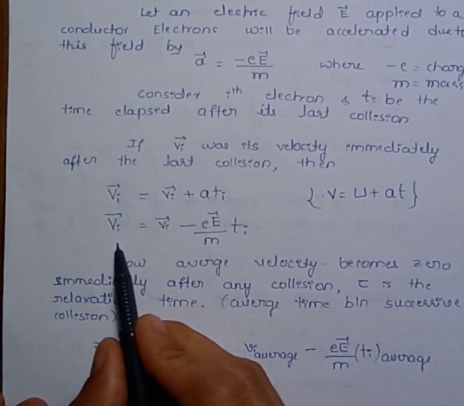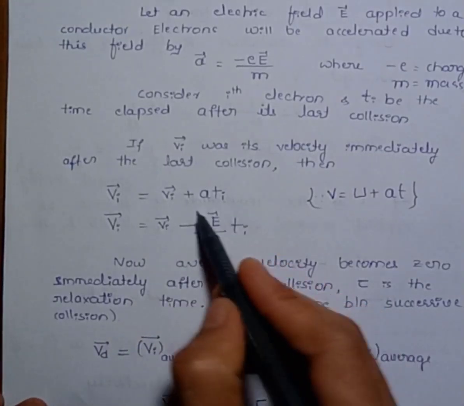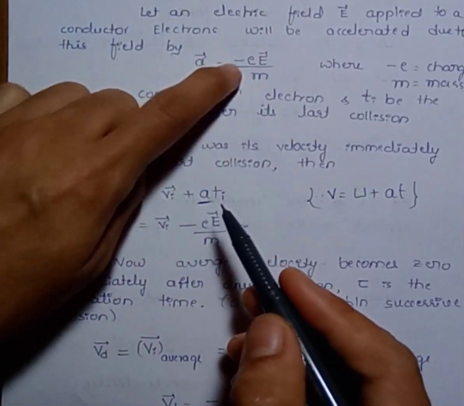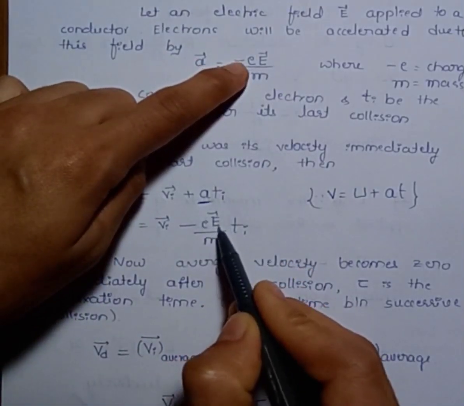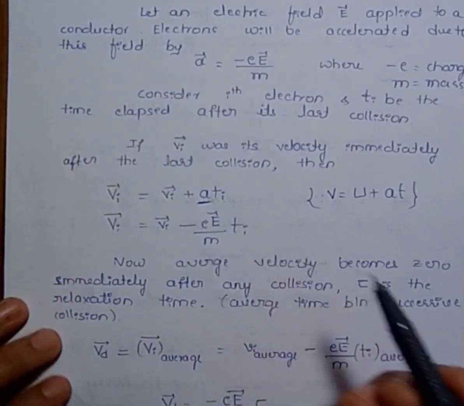Here in place of a, we have to substitute the value of a. Minus e, capital E divided by m into ti.